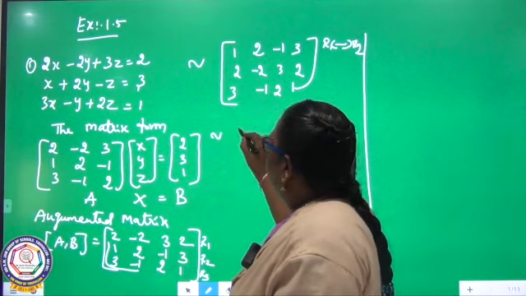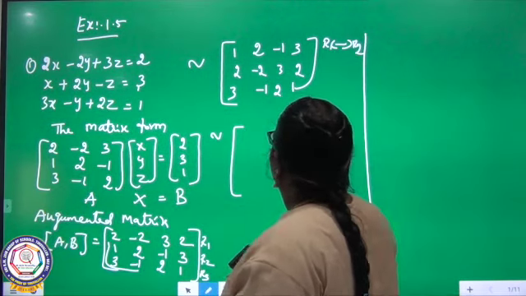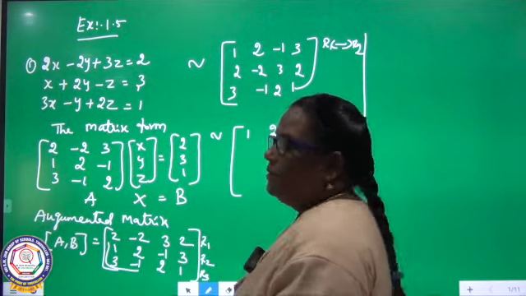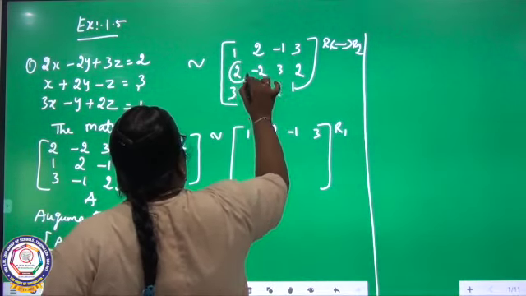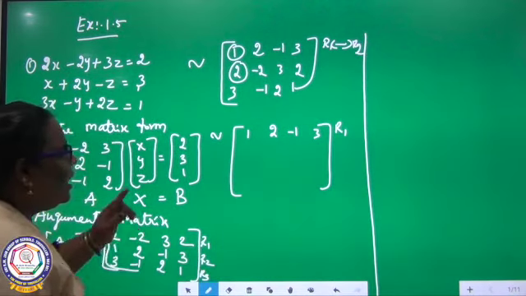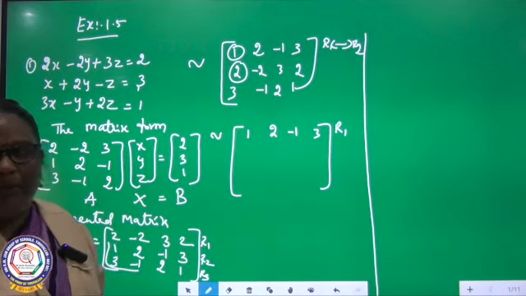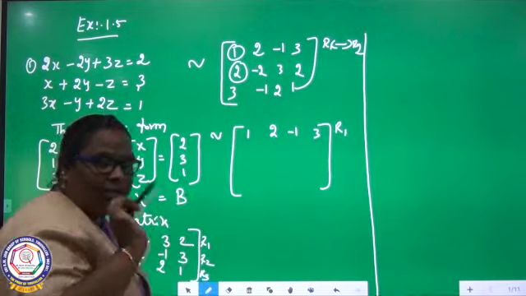What is R1? R1 is 1, 2, minus 1, 3. See the first term: R2 has 2 in the place and R1 has 1. I want this R2 to become 0.